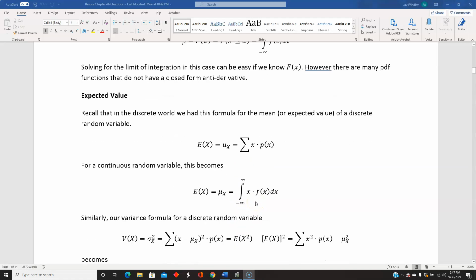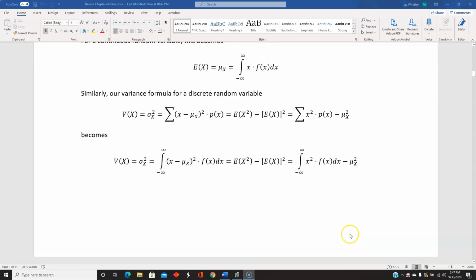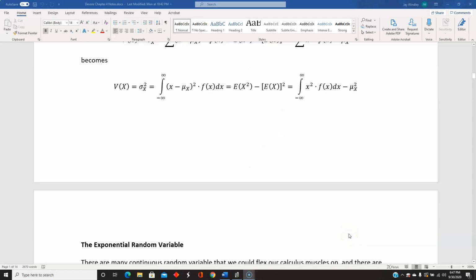And we see something similar with the formula for variance. Instead of summing all of these values, we are integrating over all of these values. I like this version of the formula better. Integrate x squared times the PDF from negative infinity to infinity, and then subtract the mean squared. We'll see that coming up on a problem shortly.